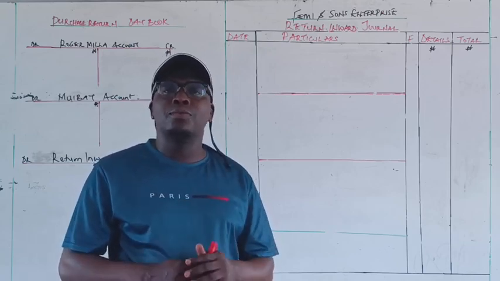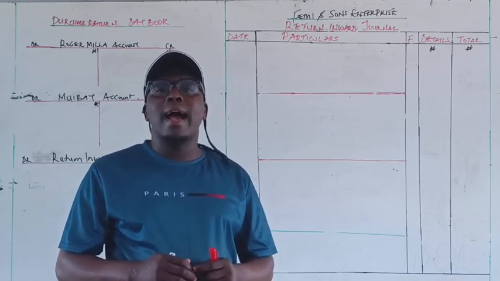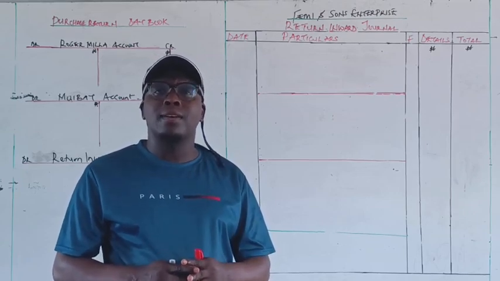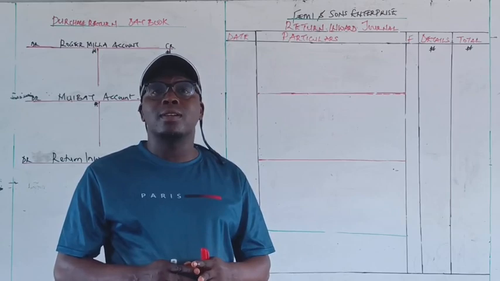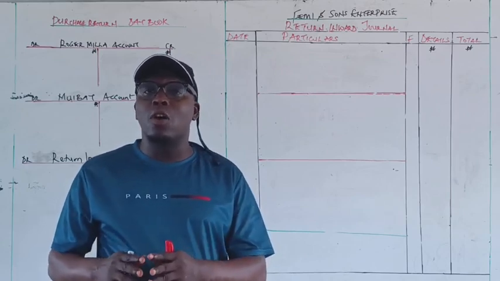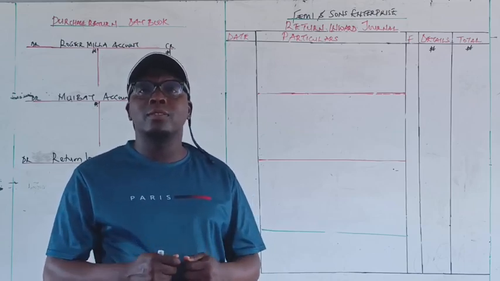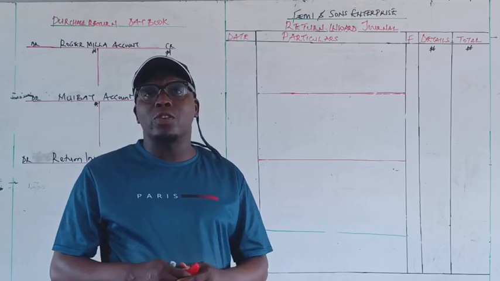It is good to know that when goods are sent back to the seller by the customer, this can be a result of wrong color, wrong description, or not the choice of the customer.